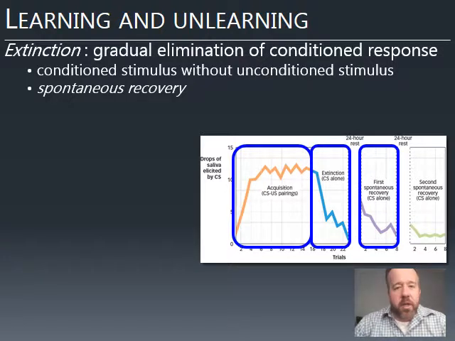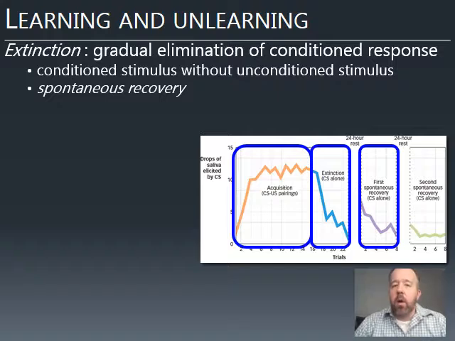So after extinction, after Pavlov rang the bell enough times that the animal no longer salivated after it, what he did then was pair the food and the bell again, even just once. And very quickly, the dog started to salivate in response to the bell once more, much more quickly than the original learning process.